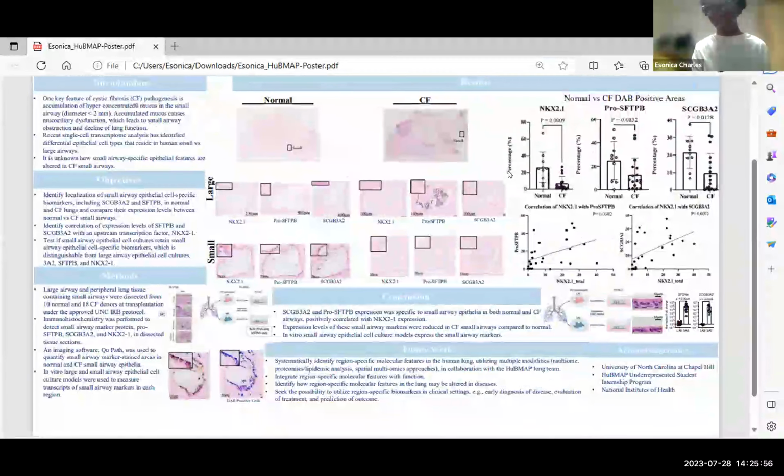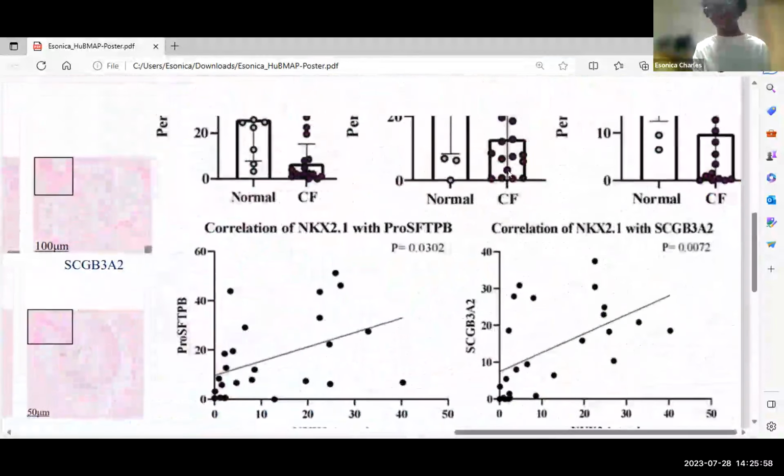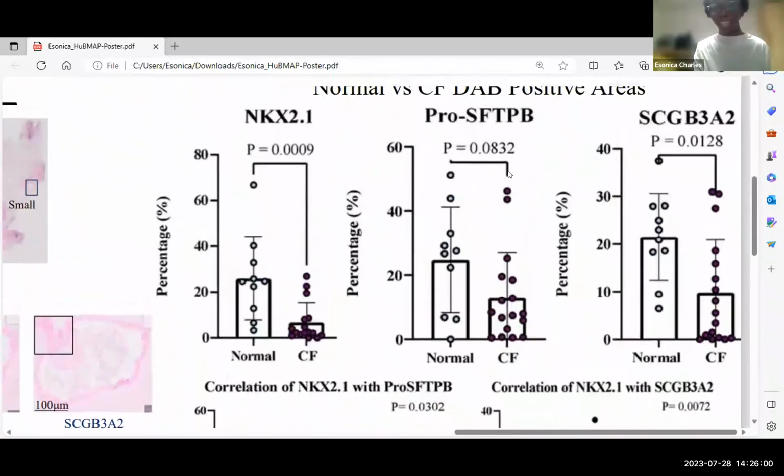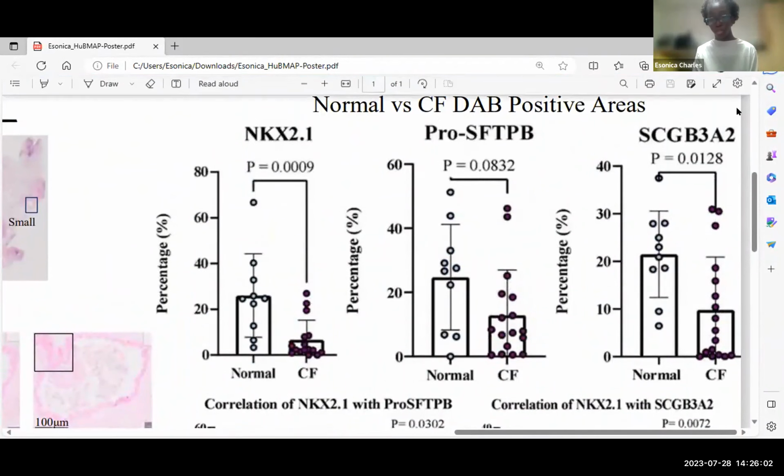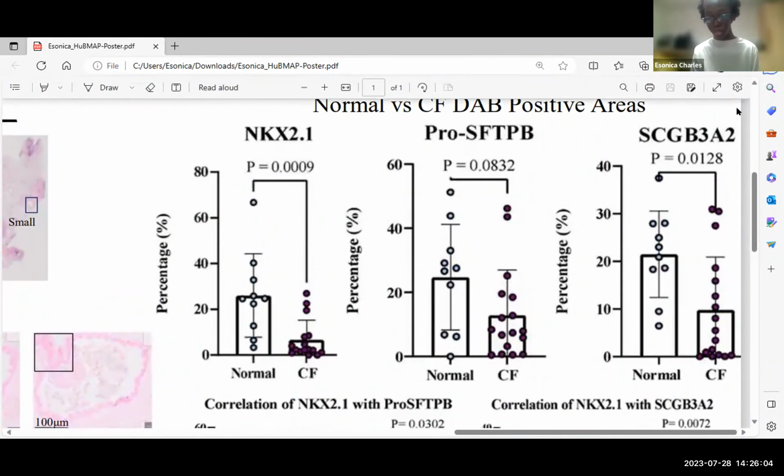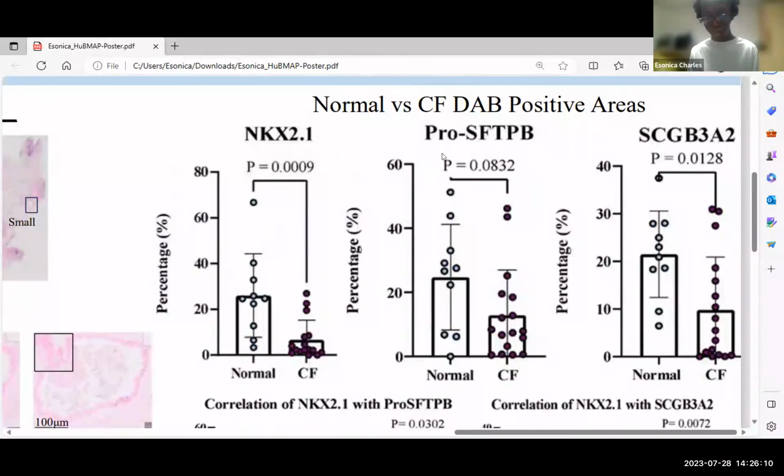Moving on to my figures, here we have normal versus CF DAB positive areas for the transcription factor NKX2.1, for SFTPB, and for SCGB3A2. On my y-axis I have the percentage, and on my x-axis I have normal versus CF.